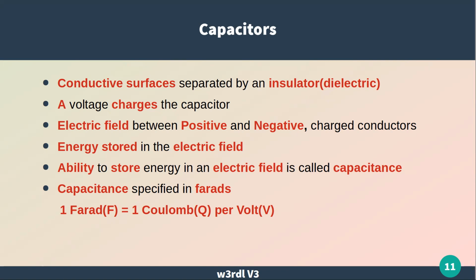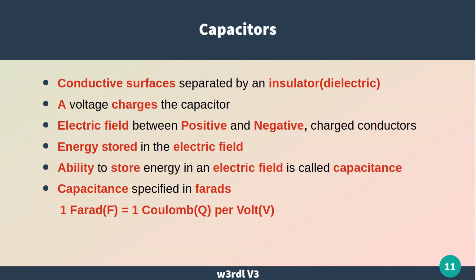And the ability to store energy in that electric field we call capacitance. So the amount of energy that it can store is measured in capacitance in farads, named after Michael Faraday, because he did a lot of research with that kind of stuff. And we use the F in Faraday to represent farads.